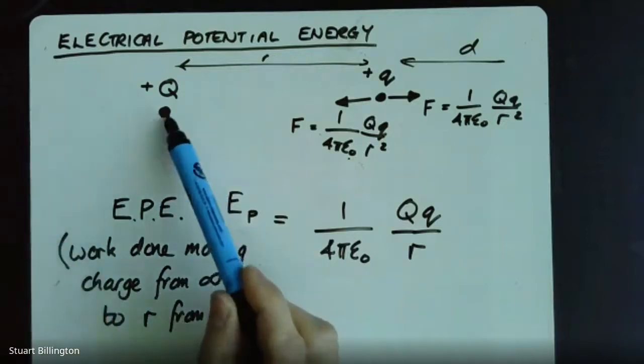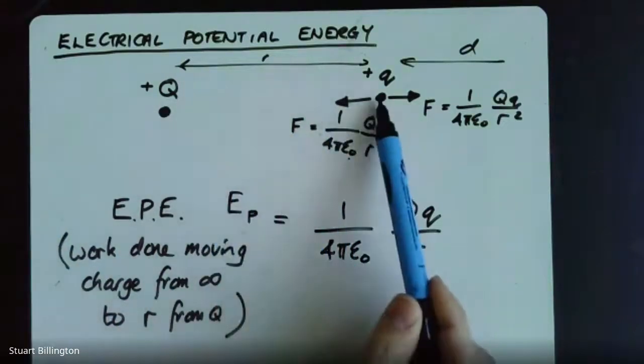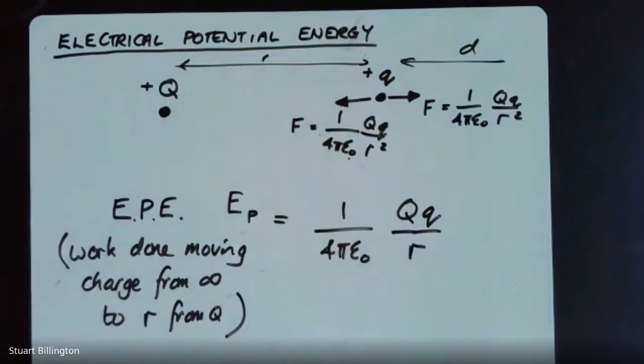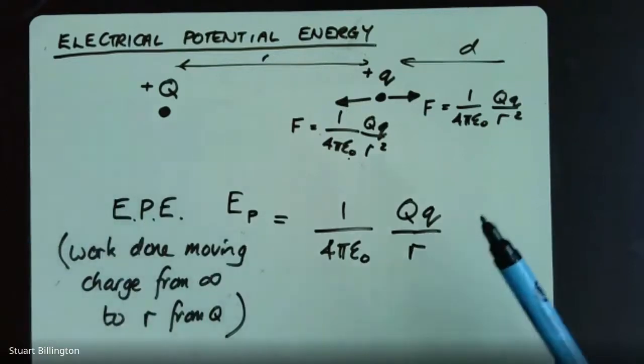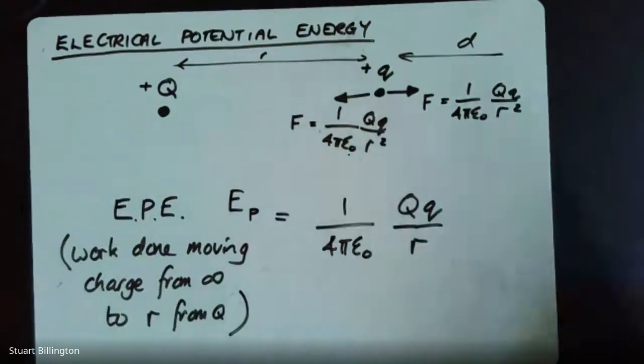That if these two objects are an infinite distance apart, then presumably they can't exert any meaningful influence on each other, and therefore there should not be any energy associated with each other. So when the charge is an infinite distance away, it has 0 electrical potential energy.